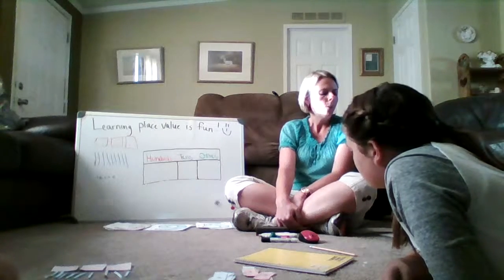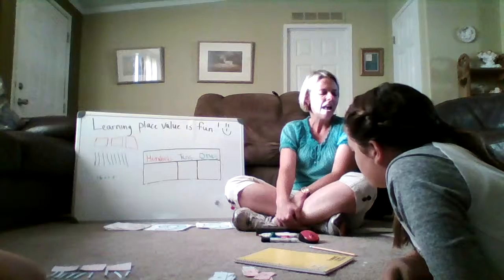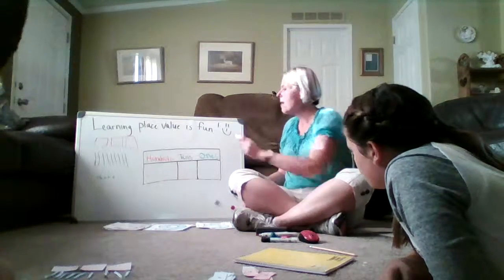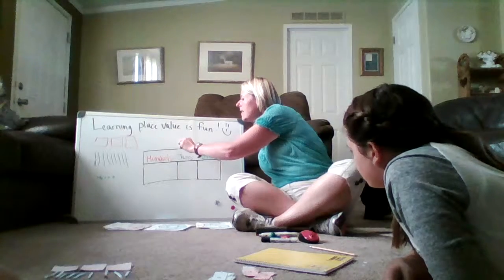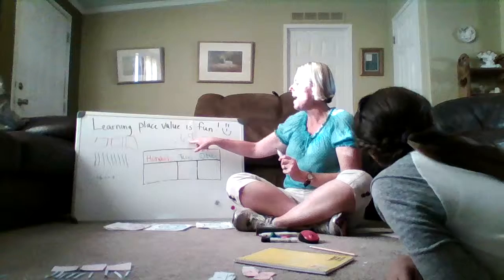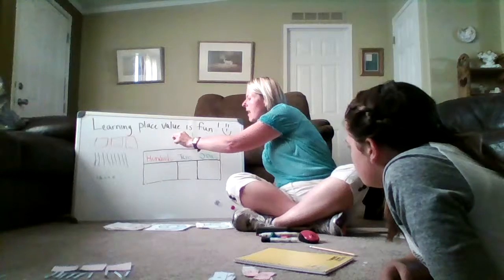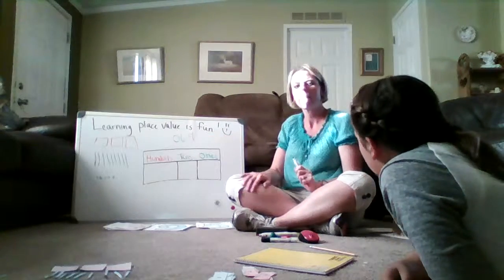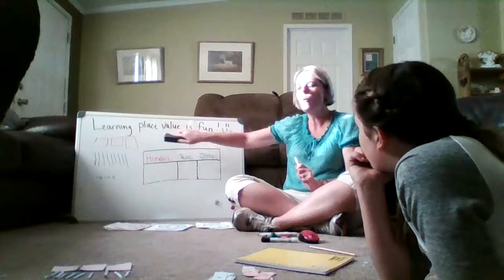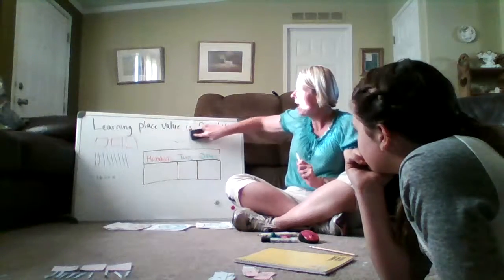Okay. What about if there is not a number to the left of the 100? So if I have a number like 69, do I need to put a 0 there? No. Why? Because there's not a number before it, correct? Okay.